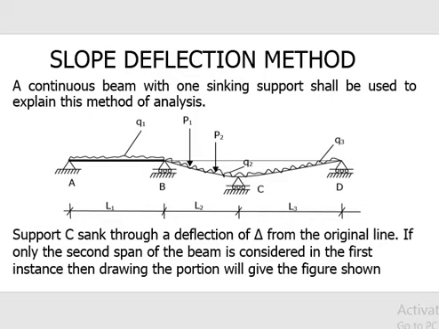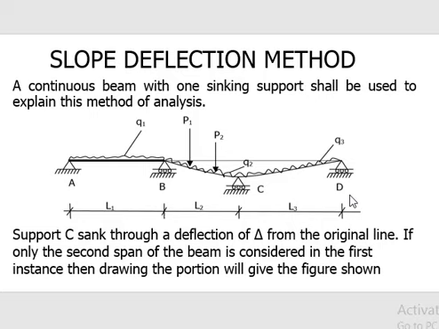A continuous beam with one sinking support shall be used to explain this method of analysis. On the screen, we see a beam that has 1, 2, 3, 4 supports, meaning that it has two redundant supports. But we are not going to use the approach we used in consistent deformation method.